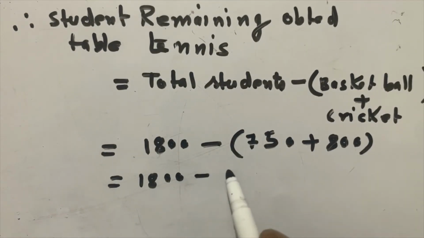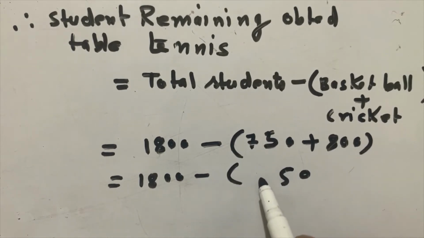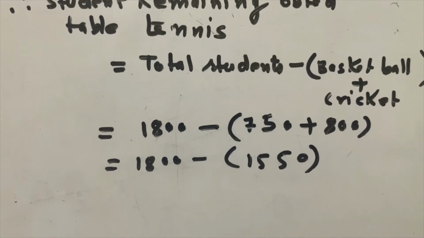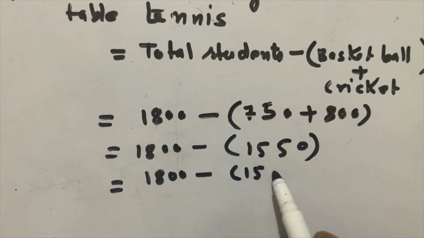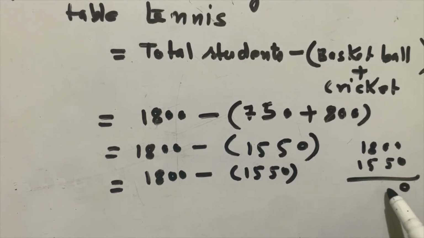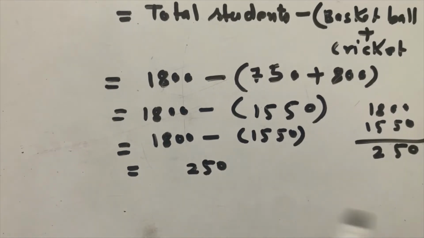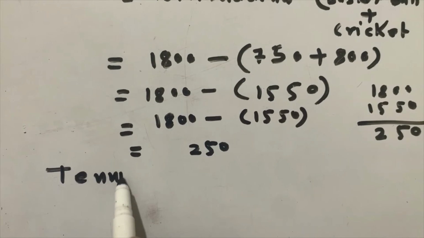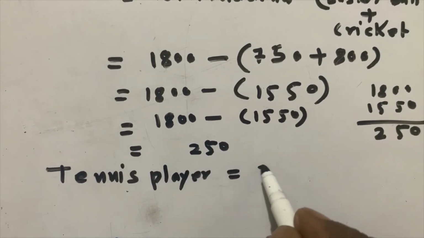So 1800 minus 1550, which is 250. Table tennis players is equal to 250.